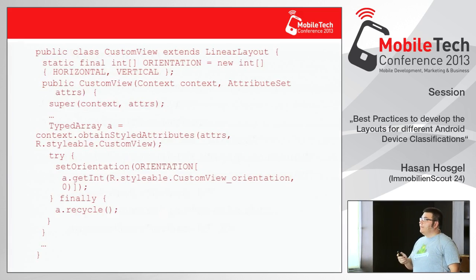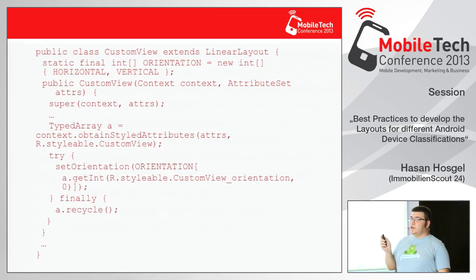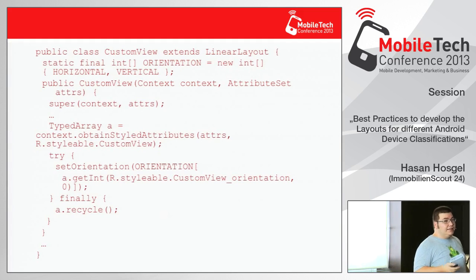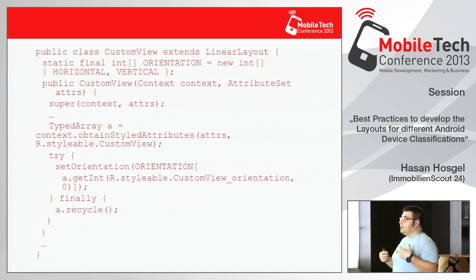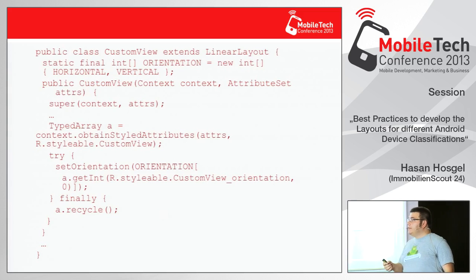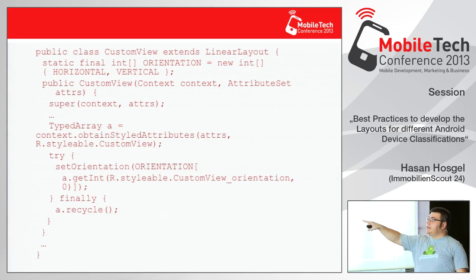And how can you use it in code? Well, we have our custom view. We just use the normal custom view constructor, but the important thing is you must have the attribute set in the constructor. And then you define a typed array, and from the context you read the obtained style attributes.